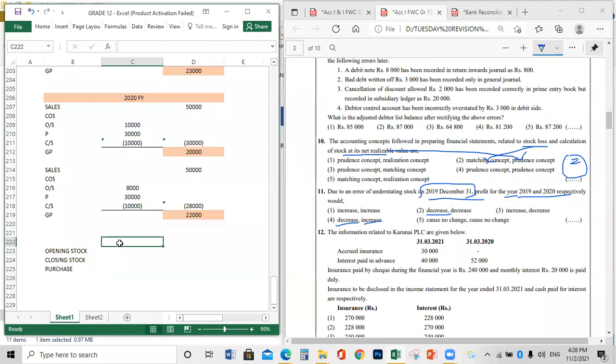Tell me guys, what happens to cost of sales? What happens to profit? When opening stock increases, what happens to cost of sales?